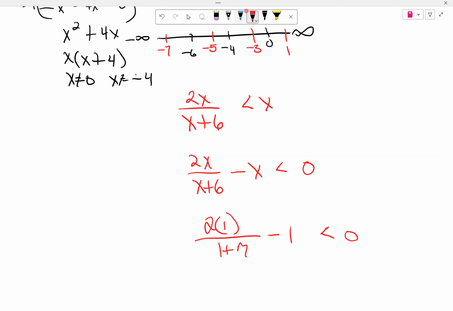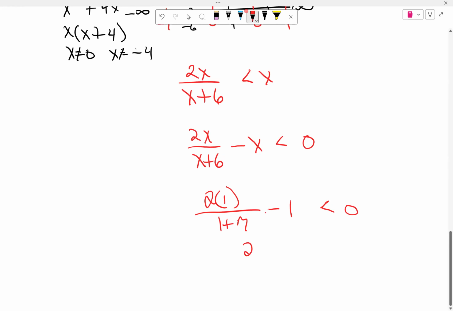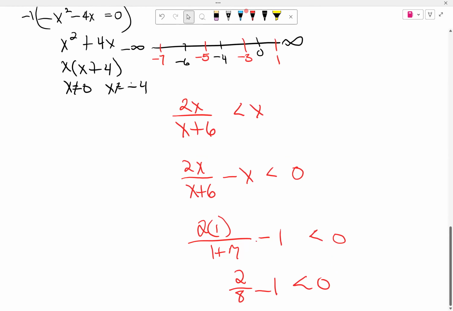And so this is 2 over 8, so 2 over 8 minus 1. That is definitely less than 0. So I was correct. This is definitely one of my areas. It will possibly be 0 to positive infinity, union the other sides. Let's see what we get.